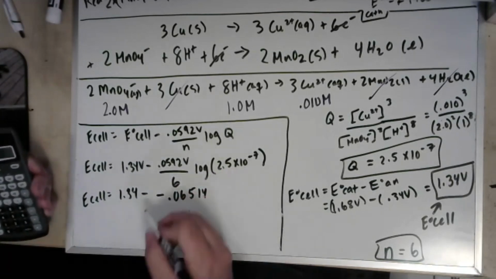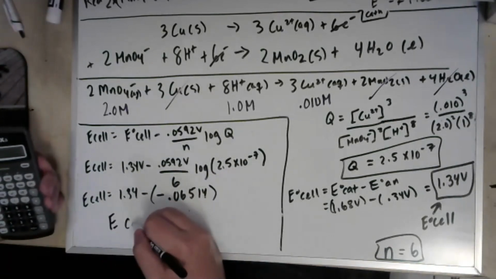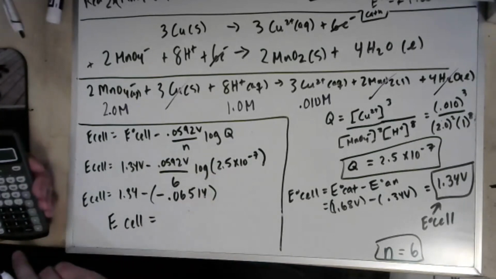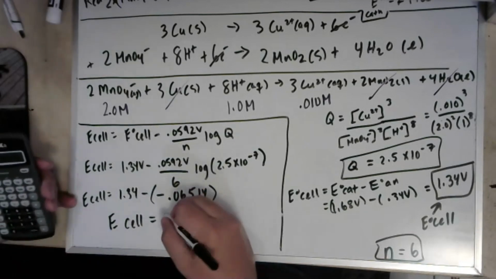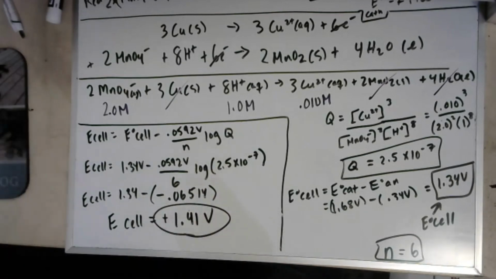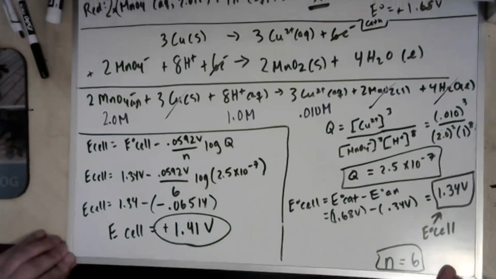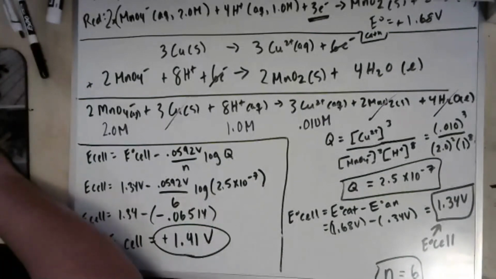Okay, so that ends up being negative 0.06514. So our E cell value at this set of conditions is going to be positive 1.41 volts. Okay, so it's a few steps, but it's not too bad. All makes enough sense, I think. All right, so let's try the next one.